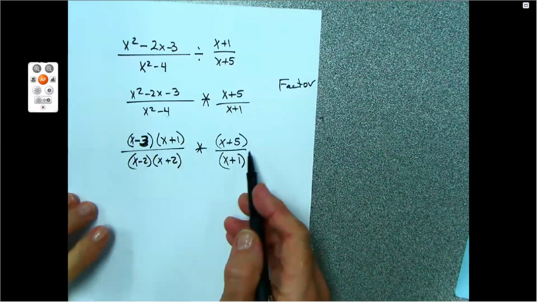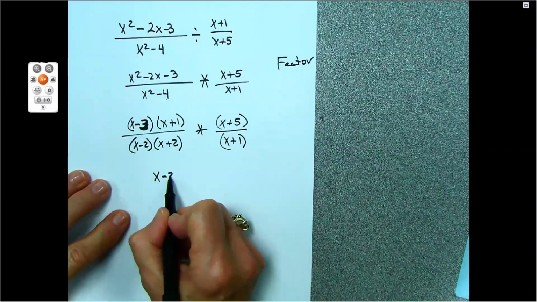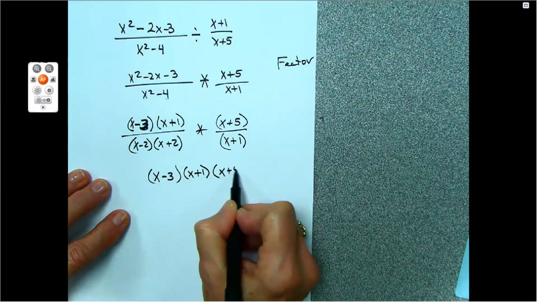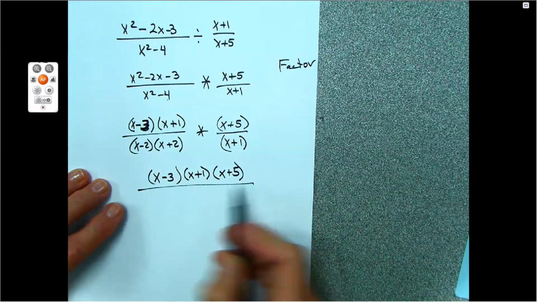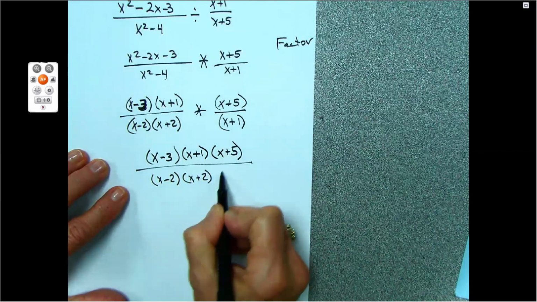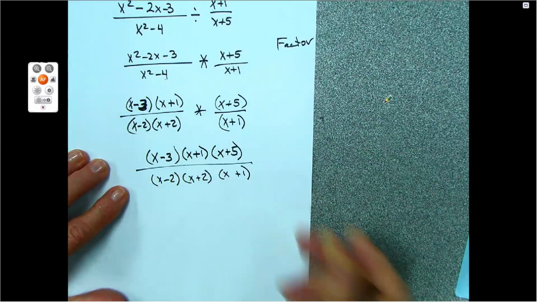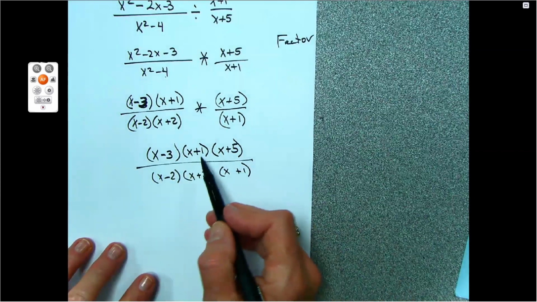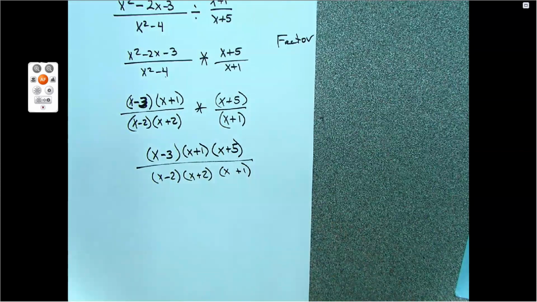Now this is all multiplication, so I can rewrite this in my numerator and my denominator, it's all multiplication. It's a binomial times a binomial times a binomial.